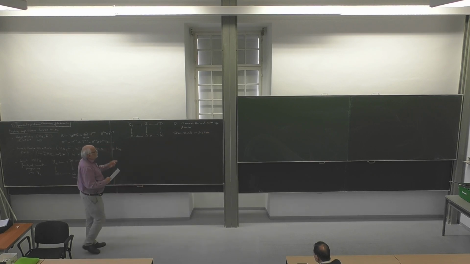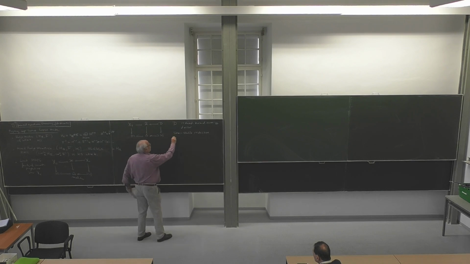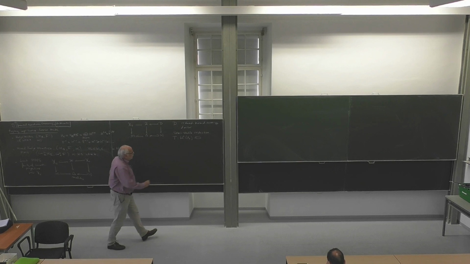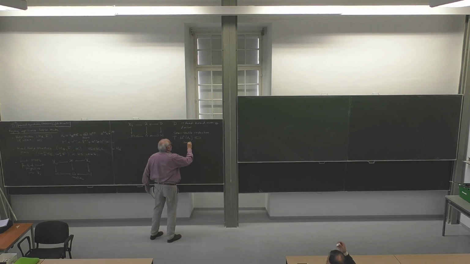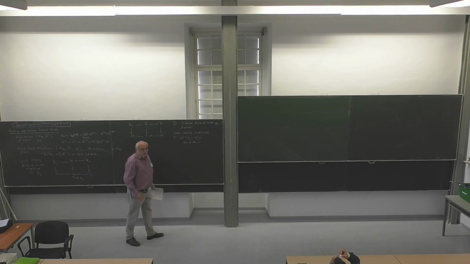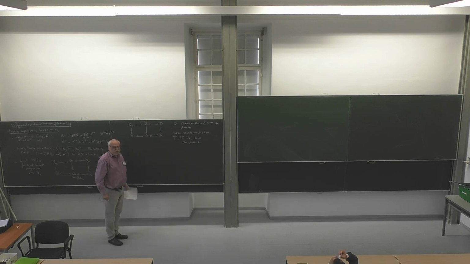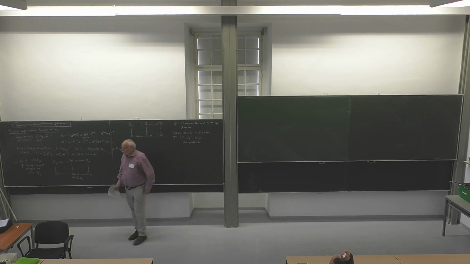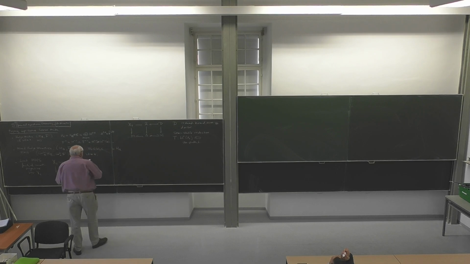And in this situation, the monodromy transformation has become unipotent. So in general, it was quasi-unipotent. A power is unipotent, but by doing this base change, the monodromy becomes unipotent.